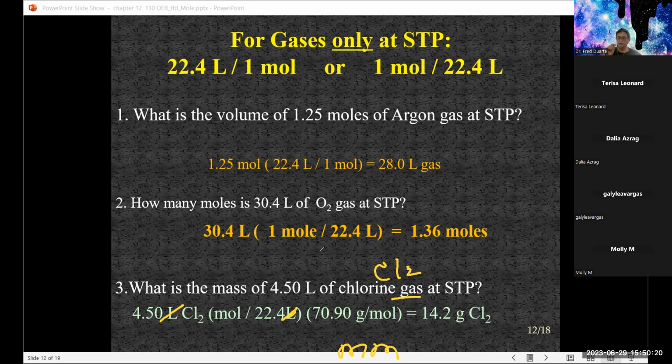And that corresponds to 70.90 grams per mole, okay? So notice our moles cancel, leaving us with units of grams, which is what we were looking for. And so you just plug those numbers into a calculator. And so 4.5 liters of chlorine gas would weigh 14.2 grams at STP.